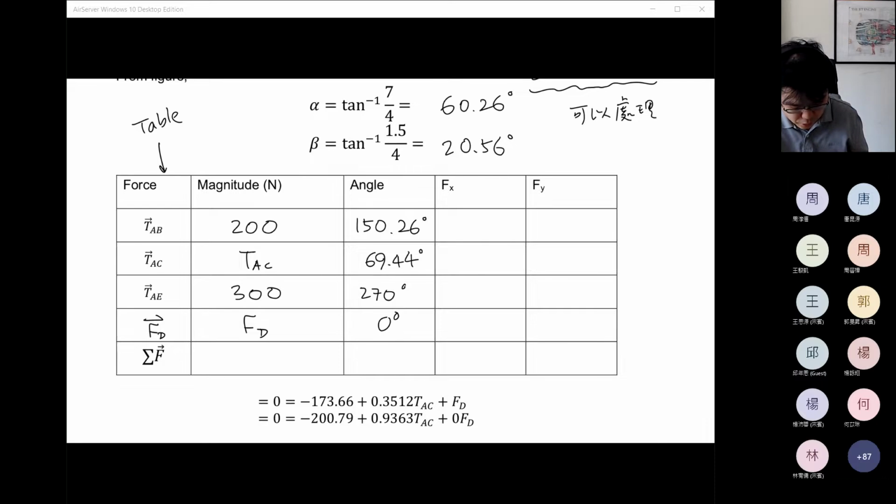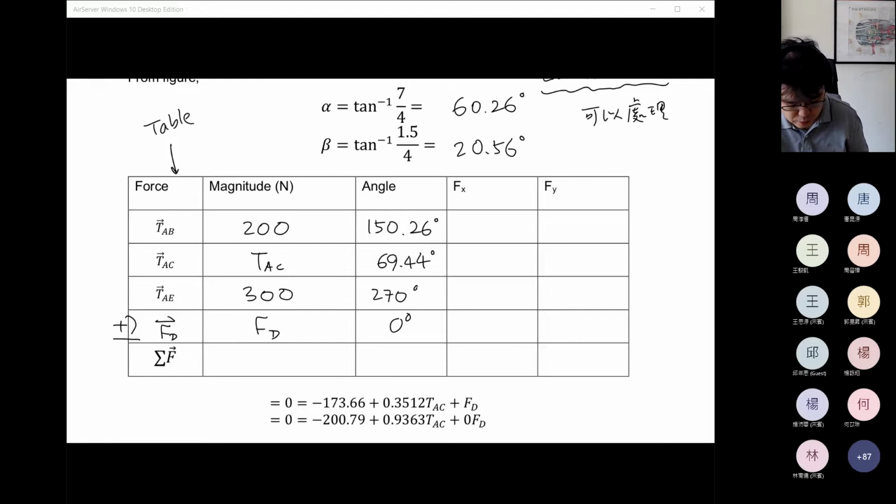Because we have equilibrium, we add them together, and the magnitudes must be 0. As in the last sample problem, we have Fx equals F cosine theta and Fy equals F sine theta. To give you an example, we have this one equals 0.3512 TAC, and this one equals 0.9363 TAC.